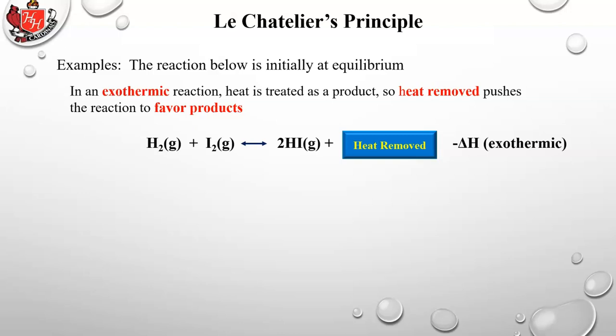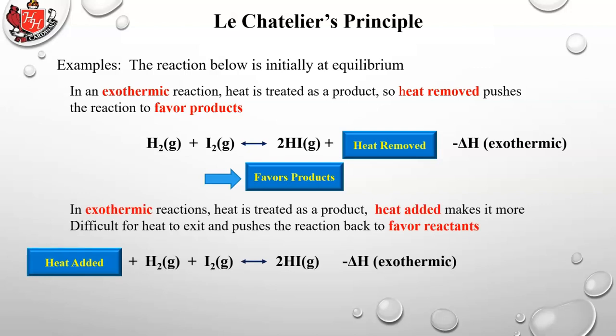It wants to give off heat, and if you take the heat out, with a fan or something to help the heat get out of that reaction, then the reaction will go more quickly to the right. It'll go from left to right, and that will favor products. So in an exothermic reaction, removing heat favors the products. It makes it easier for heat to be generated and then removed.